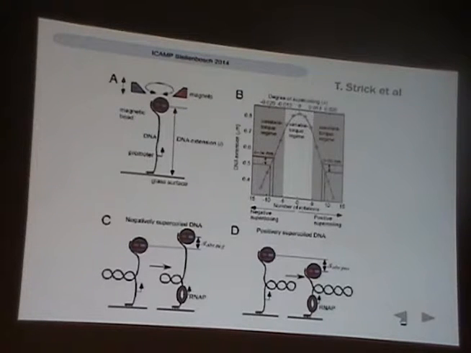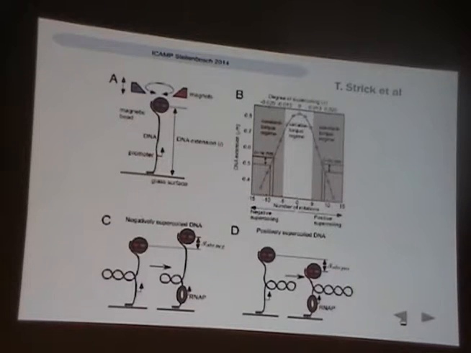Okay? And so if you change the number of turns in a molecule where you have supercoils, you should be moving along this line, or here you should be moving along this line. So the binding of an enzyme will result in a change of extension. Okay?